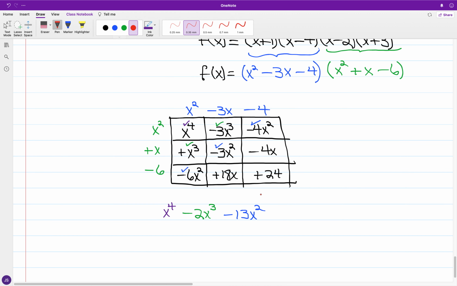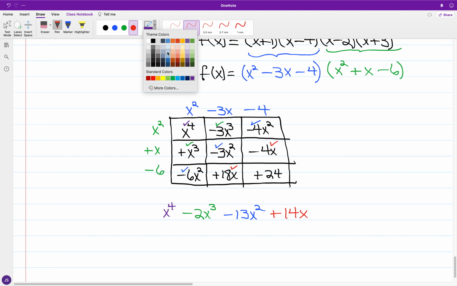Then in first order in x, we have positive 18x minus 4x, so that leaves us with 14x. And then the constant is going to be 24.